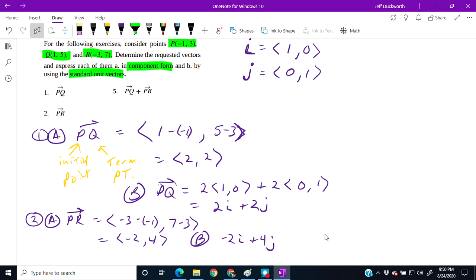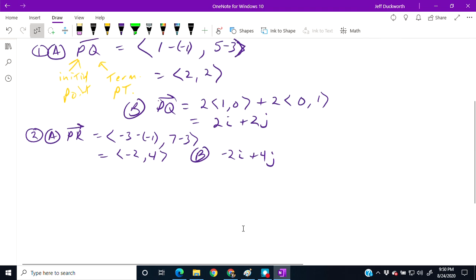All right, and finally, we're going to add the 2 things together, and we're going to do it in both forms. Now, I won't need the top for this. We'll just use our solutions from this. So this is number 5. We need PQ plus PR.